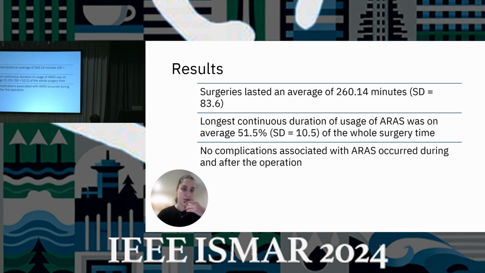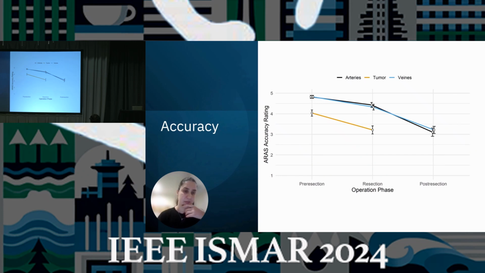From the questionnaires on accuracy measurements, which we collected immediately after each procedure, the accuracy for arteries and veins was quite high during the initial pre-resection and resection phases. The tumor is less accurate, but still accurate enough for them to understand the whereabouts of the tumor. After resection, because there are so many manipulations and deformations, the accuracy drops, which is an expected result.